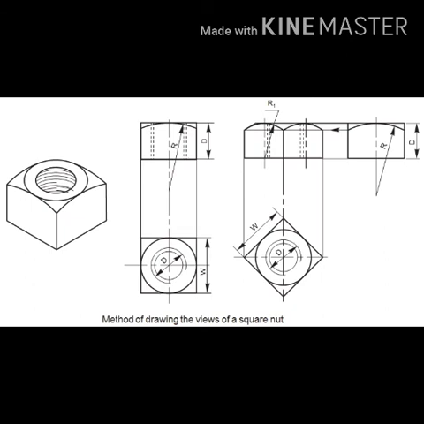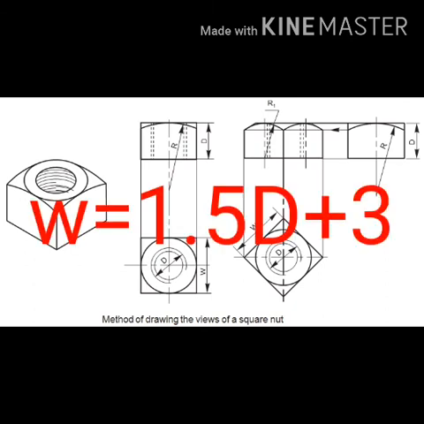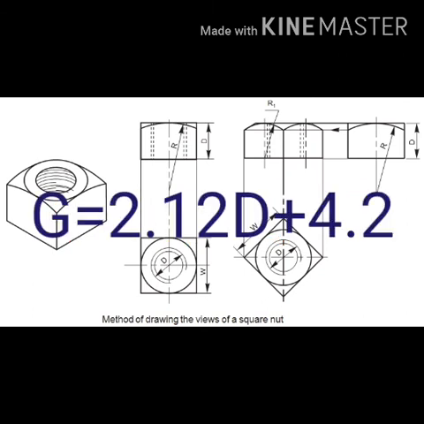Here width across flat is denoted by the letter W. Its value is 1.5d plus 3 millimeter, whereas width across corner G has a value of 2.12d plus 4.2 mm.